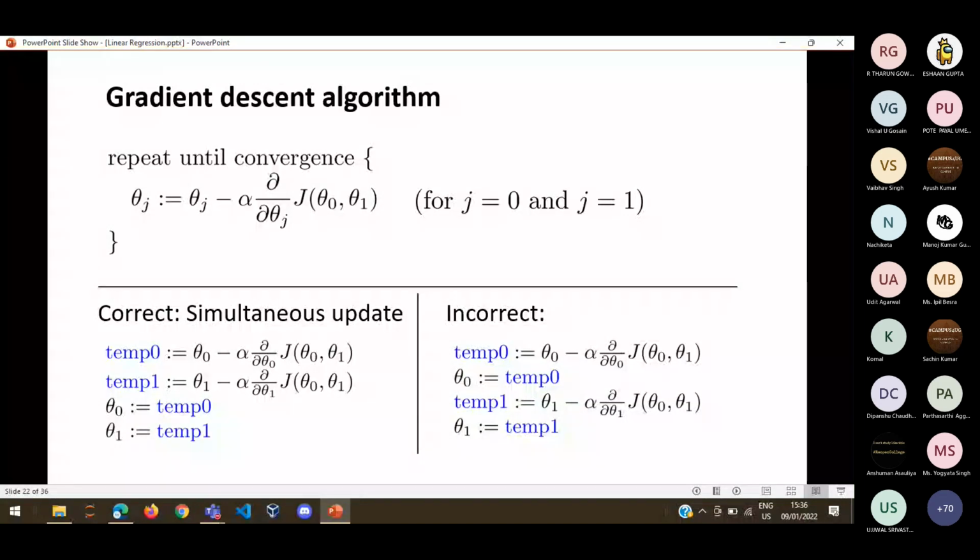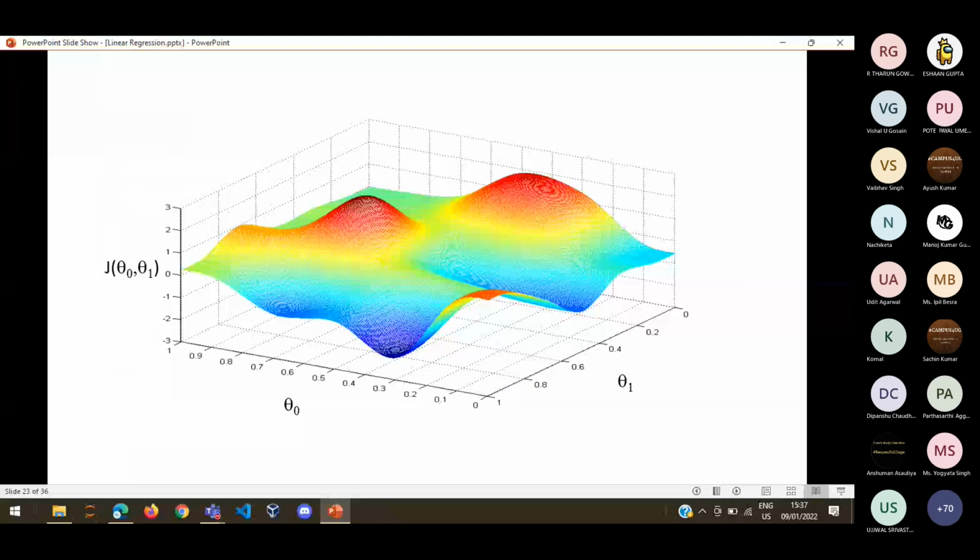Yes, Bhaiya. Okay, this is a 3D plot, where theta naught is one parameter and theta 1 is the other parameter. So reaching the minima is somewhat tricky, since the slope has to be 0 with respect to all of the parameters.